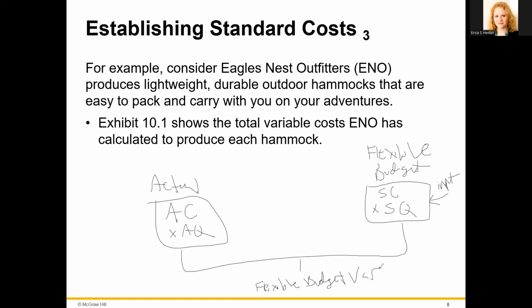And then somewhere in between there, you've got, okay, well, what would at the actual, sorry, in between here, we've got standard cost. Like, so let's say that we use more than we planned, right?